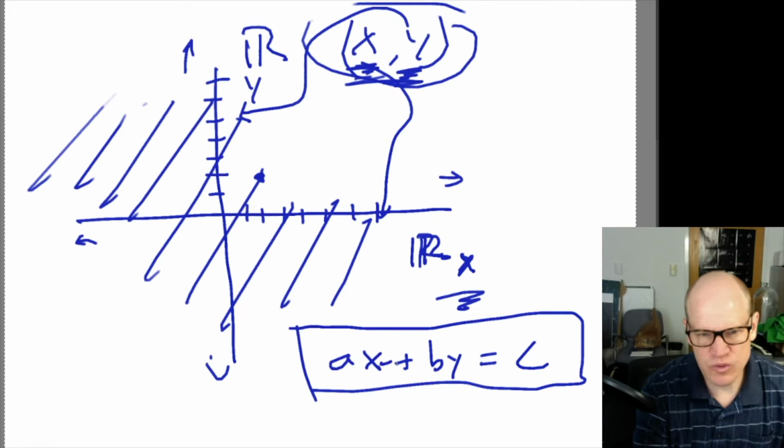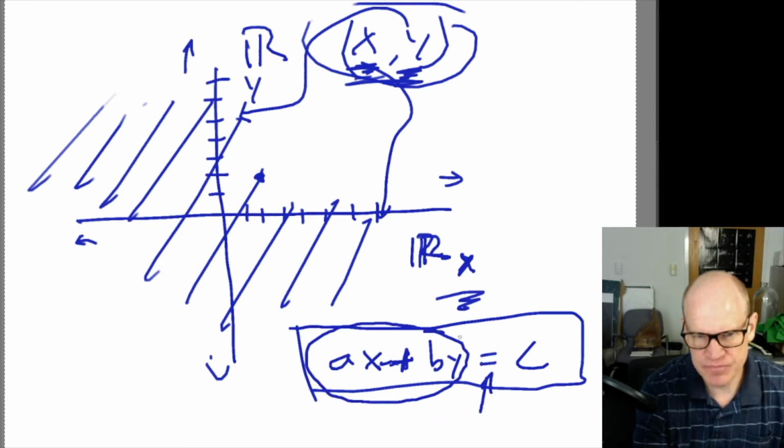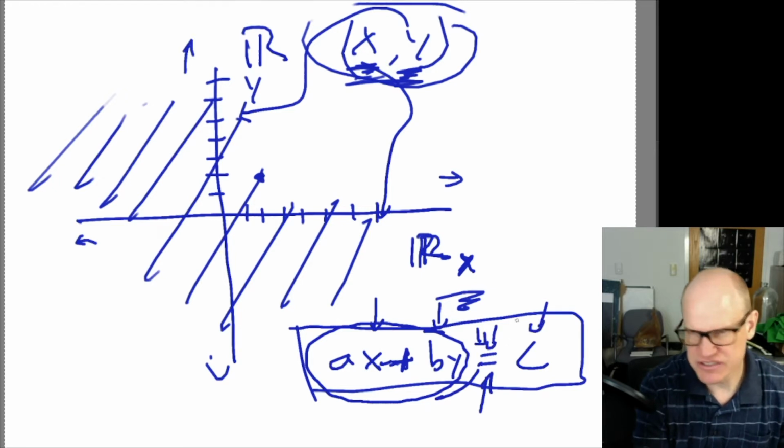What it says is that whatever makes this thing true is going to limit what I can have for x and y. I can't just put any value in for x and any value in for y, because I want this statement to be true. I want this equal sign to hold. Whatever this constant is doesn't matter. It could be 0, right?